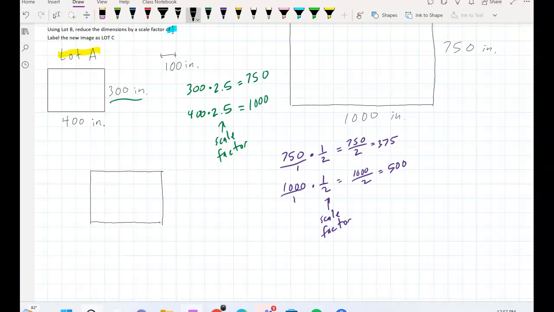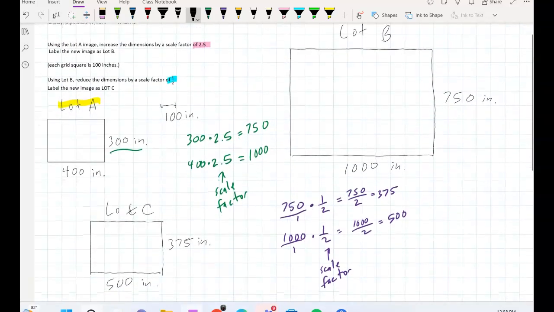There we go, make our whole rectangle there, and that is 375 inches by 500 inches, and we label that lot C. And we are done. See, we changed the scale factor twice. We got larger and then we got smaller.